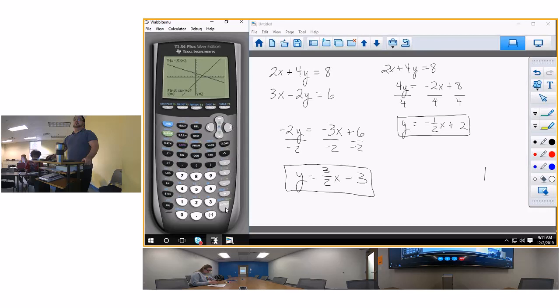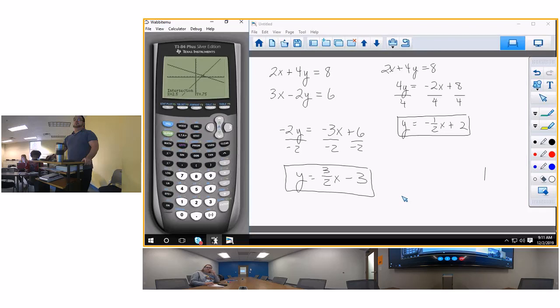Is this the first line? Yes. Is this the line? Yes. And then give it an estimate. Why do you give it an estimate? Because it narrows down the parameters for it to look for the intersection. It kind of speeds up the process. And there is your answer. Somebody write that down. 2.5, comma, 0.75.